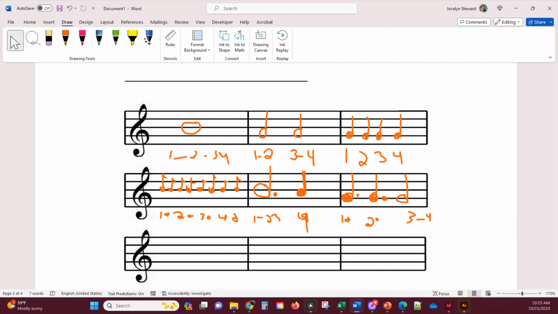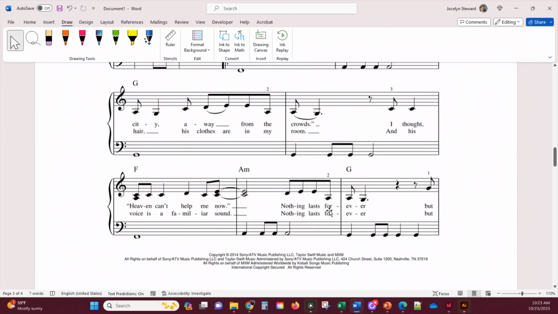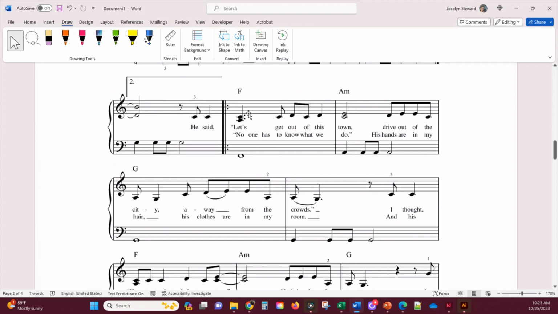Okay, let's go back up to the music and see what we got. We can see we have this little pickup. We're not going to worry about that because we have these rests, so we're just going to ignore that for right now. So we got 1 and 1.